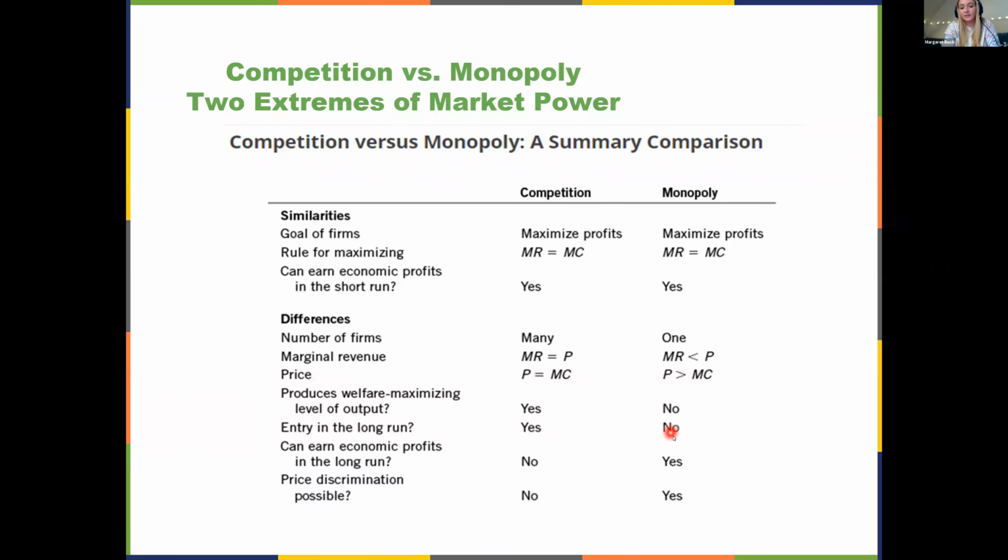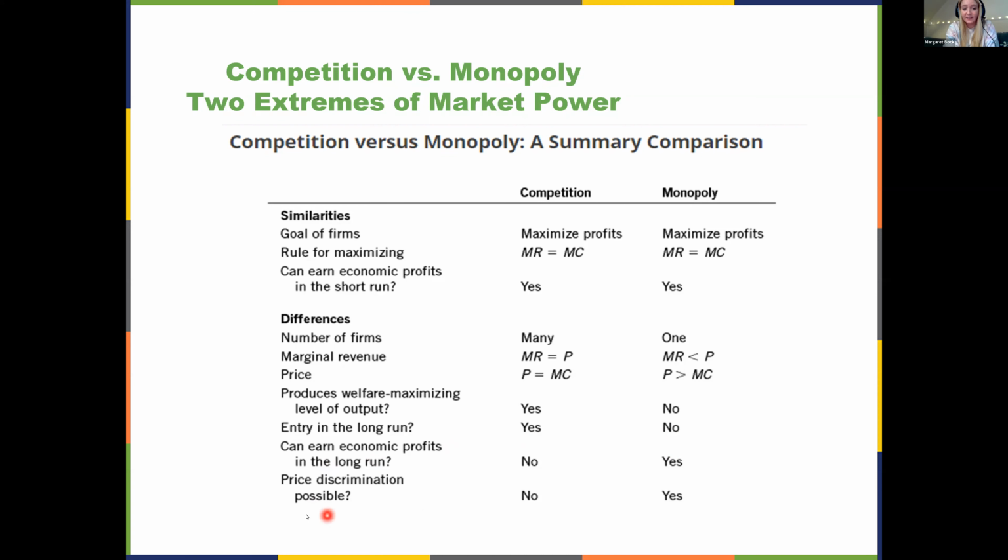But with a monopoly, no one else can really enter the market. We have one firm that sets up shop, and whether this firm exists by itself due to natural processes or legal processes, no one else can really compete with them in the short run or in the long run.